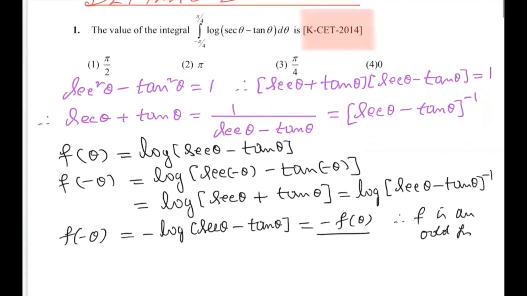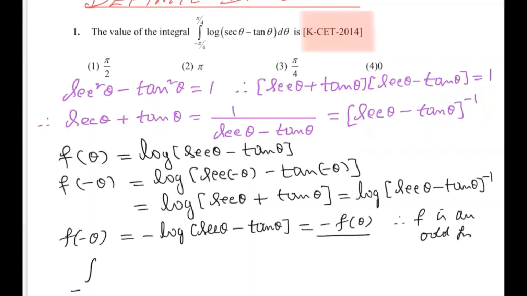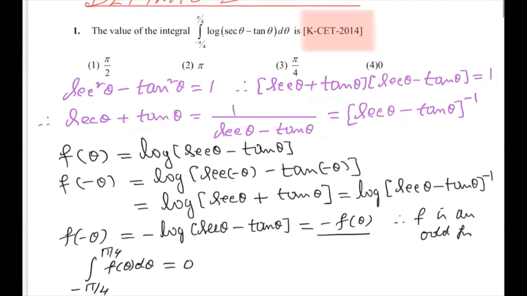So therefore, integral from minus pi by 4 to plus pi by 4 of f of theta d theta will be equal to 0. Remember, if f of x is an odd function, integral from minus a to plus a of f of x dx is 0. So the correct option is the fourth option.